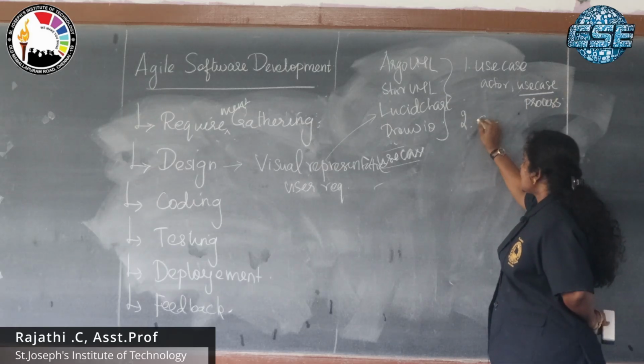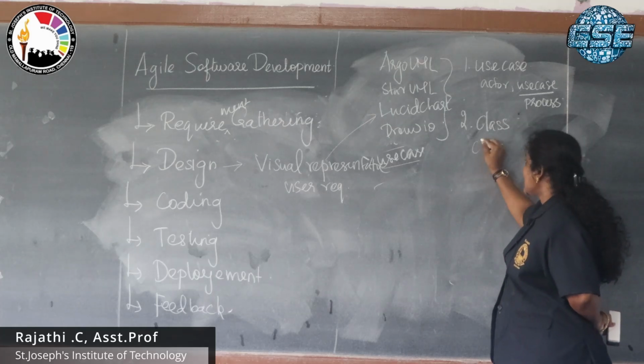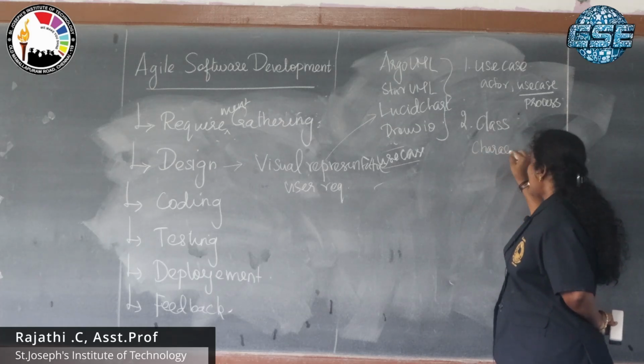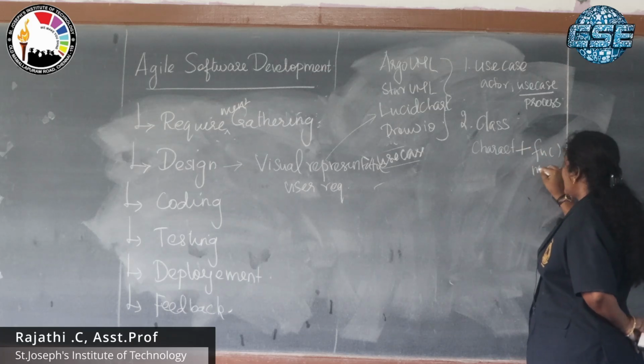Then the second one is a class diagram. The class diagram is going to have its characteristics and their functions, or we can call these methods.